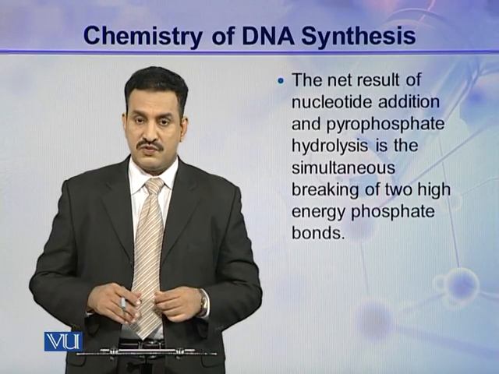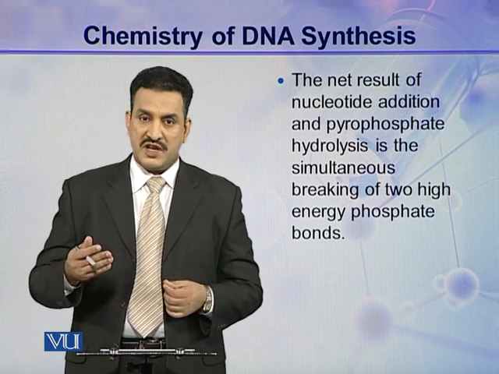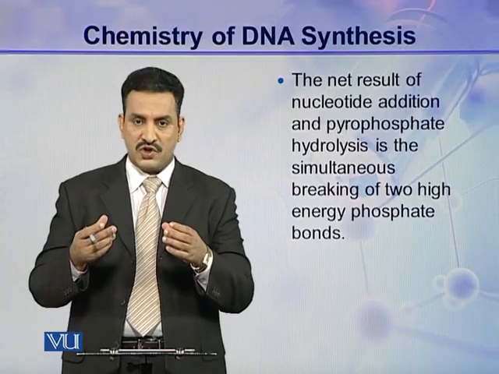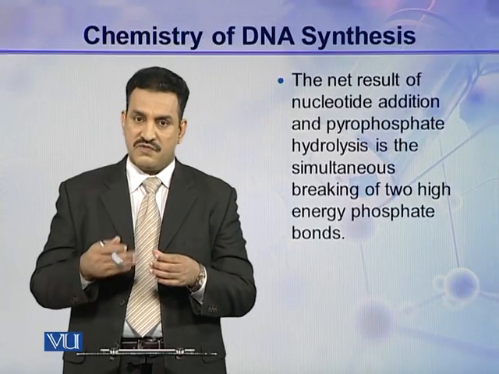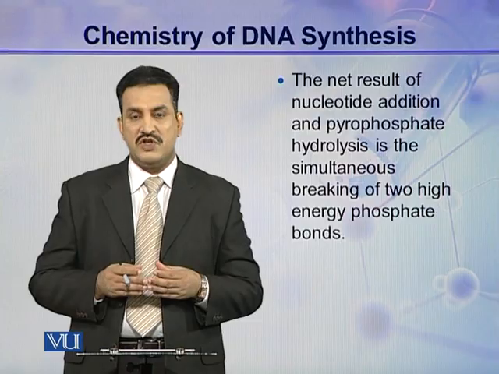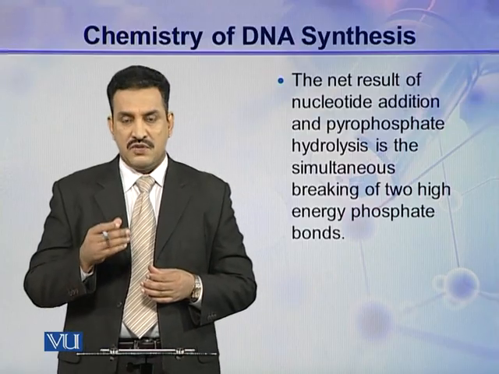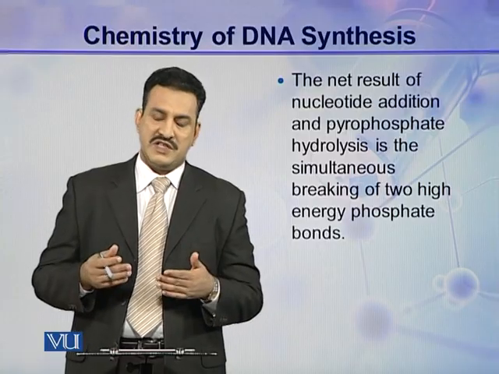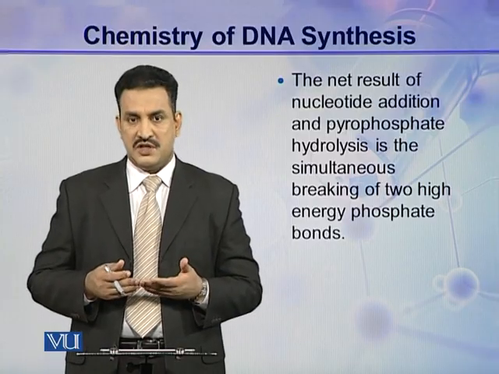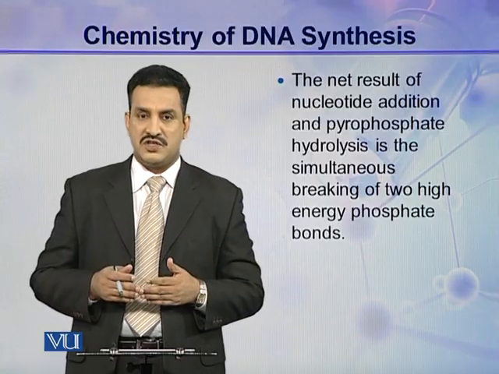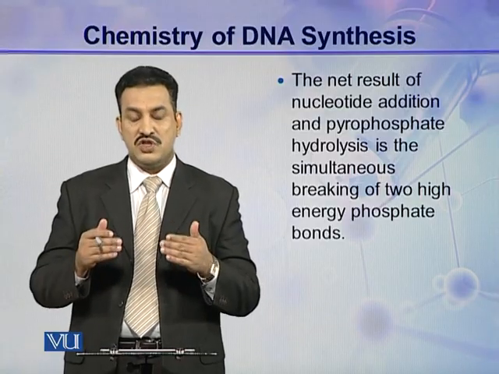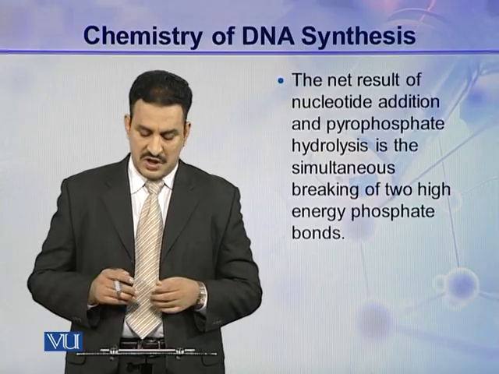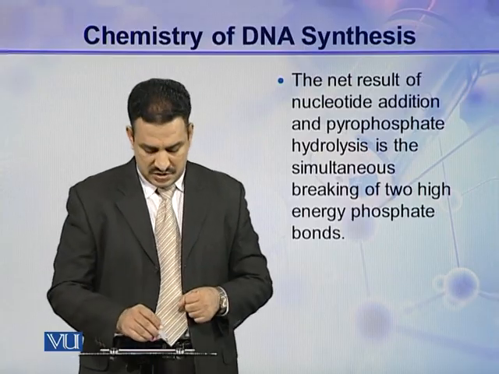One is between the alpha phosphate group and the beta phosphate group. This bond is broken first, and the second bond, between the beta phosphate group and the gamma phosphate group, which is present in the pyrophosphate, is then hydrolyzed. The hydrolysis of these two high energy bonds releases much energy which drives this synthesis.